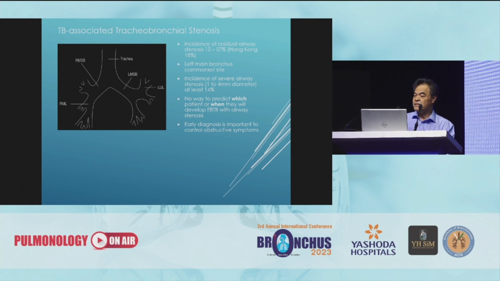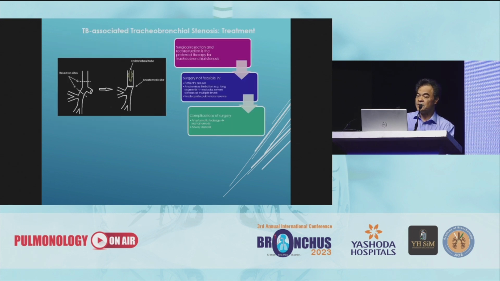And the incidence of severe airway stenosis is at least around 14%, and there is no way for us to predict which patient or when they will develop airway stenosis associated with TB, and therefore early diagnosis is important to control the obstructive symptoms.